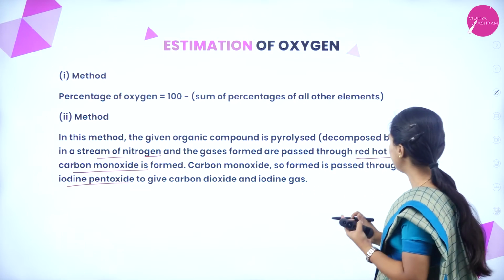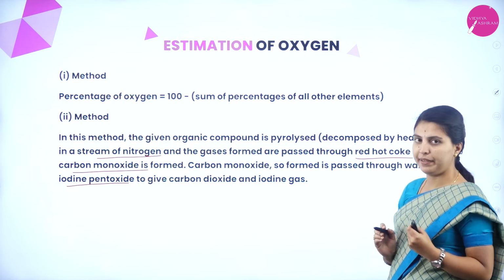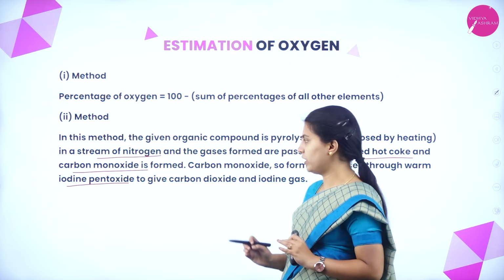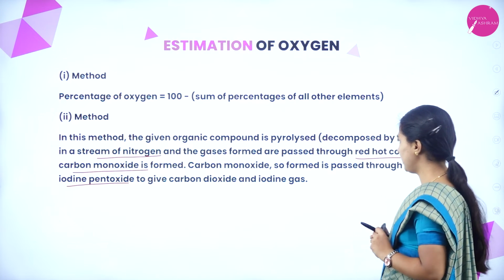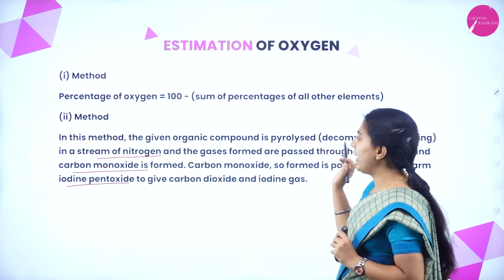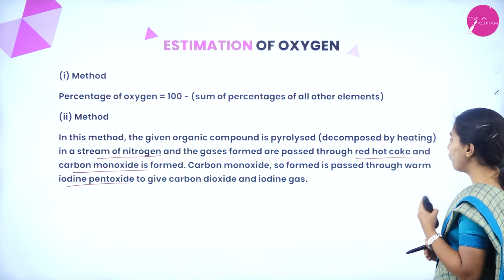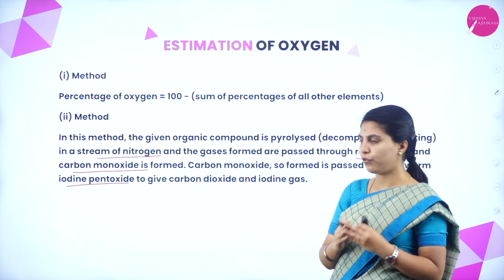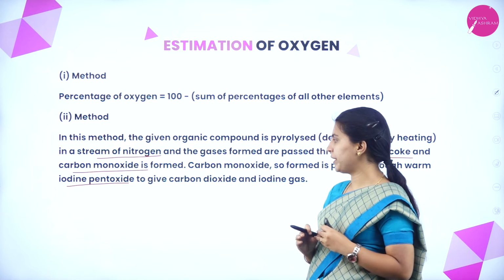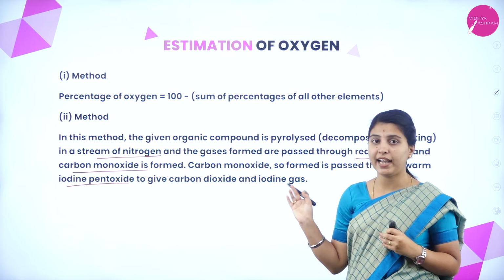What is pyrolyzed? Nothing but decomposed by heating in a stream of nitrogen, and the gases formed are passed through red hot coke to give carbon monoxide. The carbon monoxide formed should be warmed with iodine pentoxide to give carbon dioxide and iodine gas.